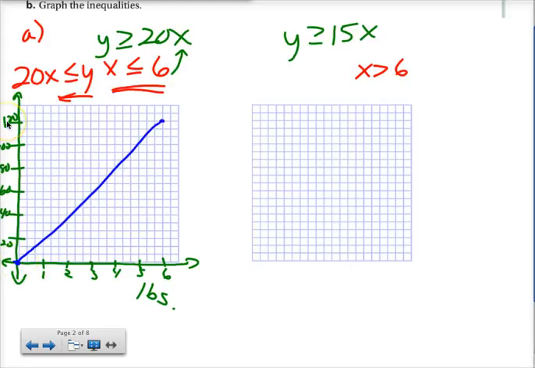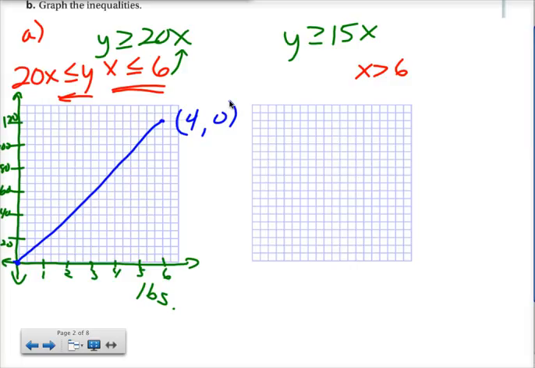And again, we have it solved for y, so y needs to be greater than or equal to 20x. And as we look at that, we realize that means we want to have that be greater than. It might be another situation where you just want to test out a point just to make sure. Maybe I'll try 4 pounds and 0 minutes.